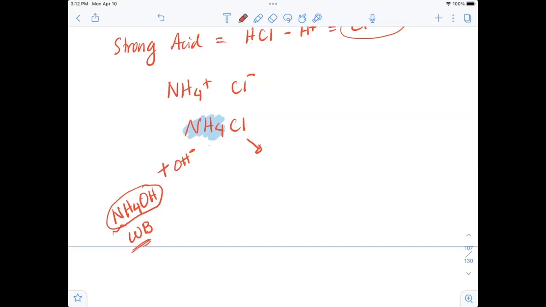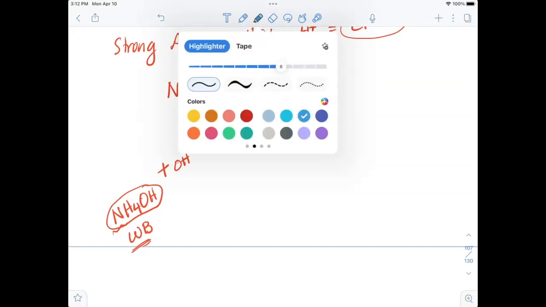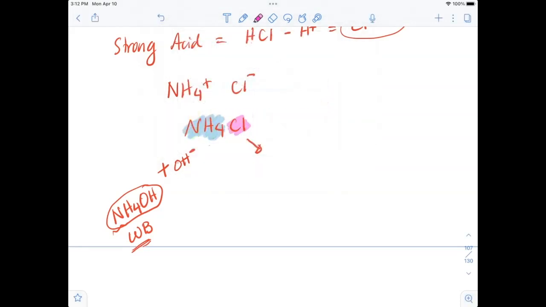Come over here to the Cl minus. This is the acid. I'm going to paint the acid pink. Why? Just because. For the acid here, add H plus, right? So we end up with HCl. What is this? One of the 6 strong acids.